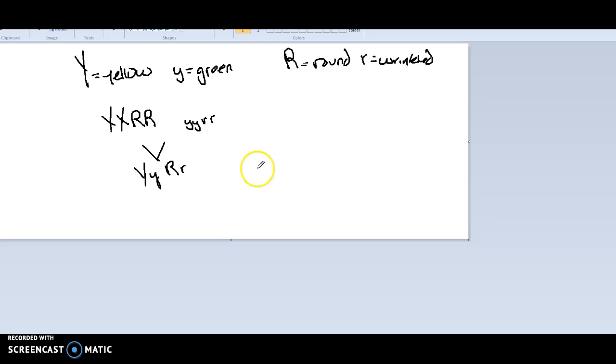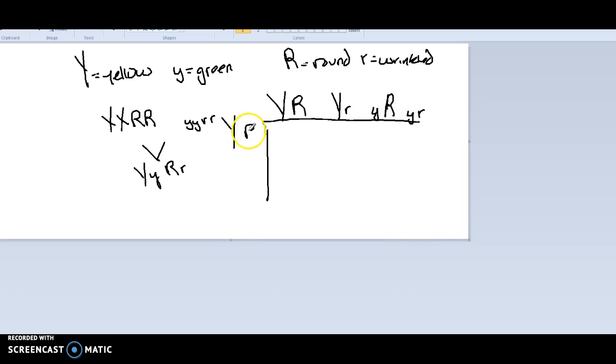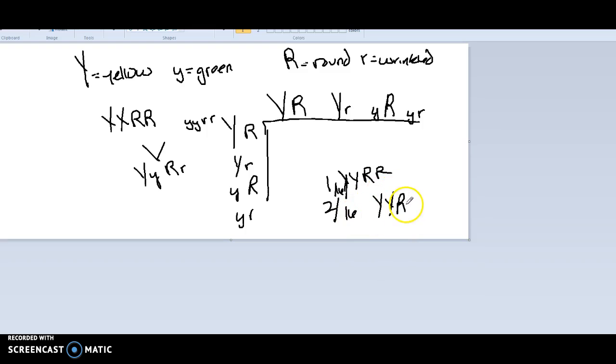So in this case, you would set it up normally, get your gametes. So your Punnett square should look like this. And after you work them out, you should end up with finding that one box is big Y, big R, big R. And then you should find 2/16, so that's 1/16. 2/16, big Y, big R, little r.